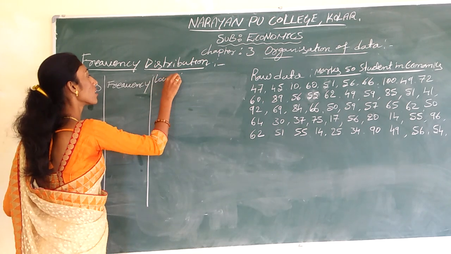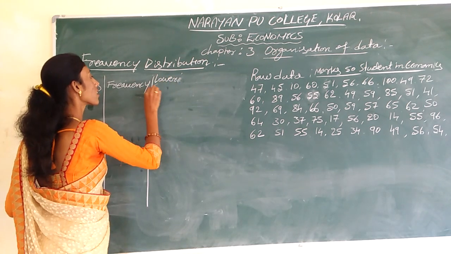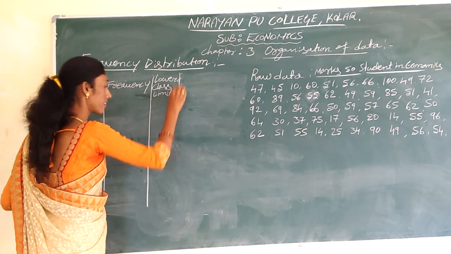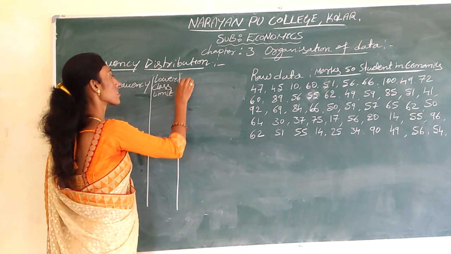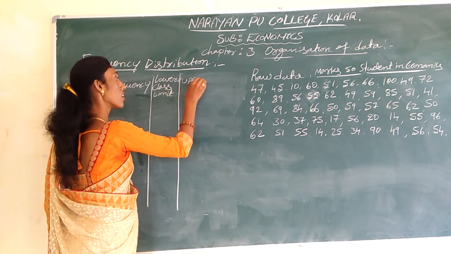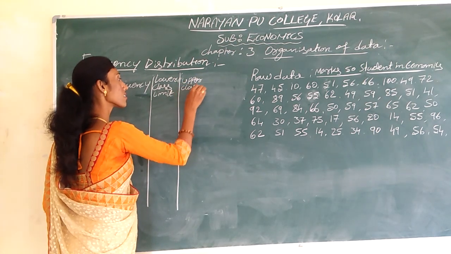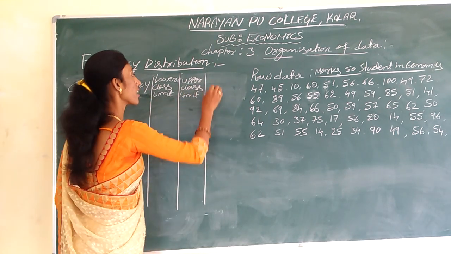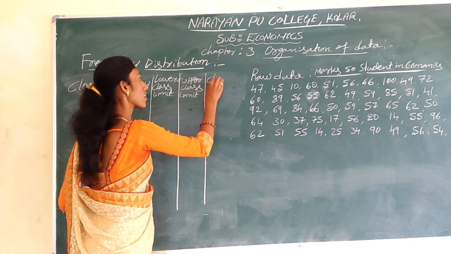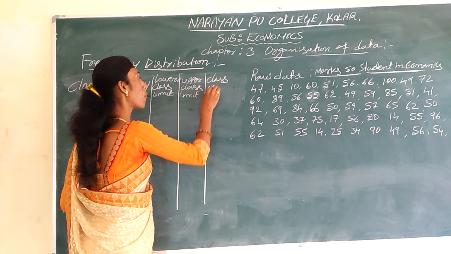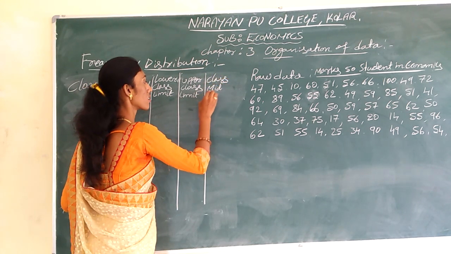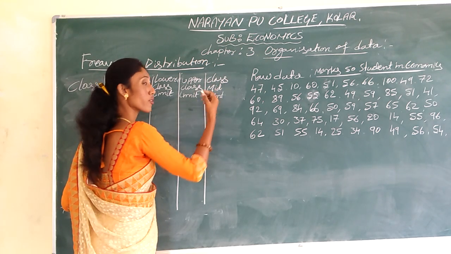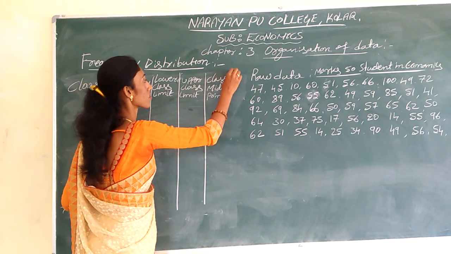That column is the lower class limit, and the next column is the upper class limit, and the next one is the class midpoint, also called class mark.